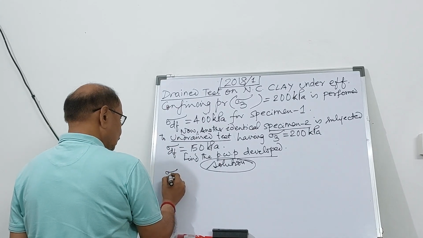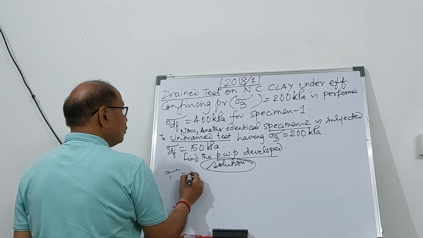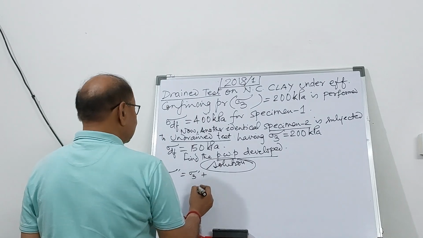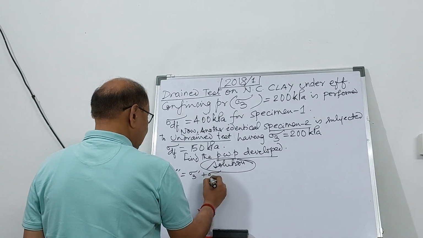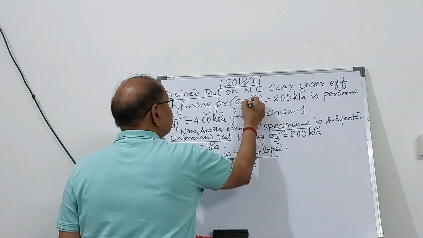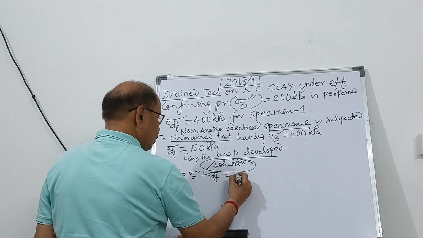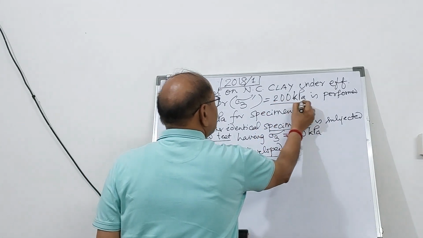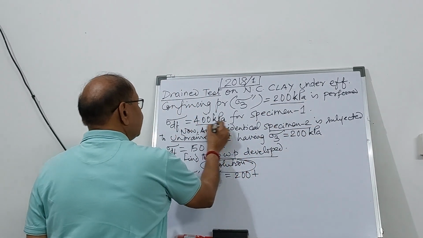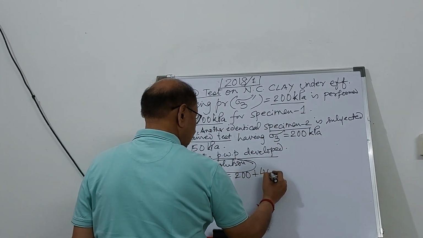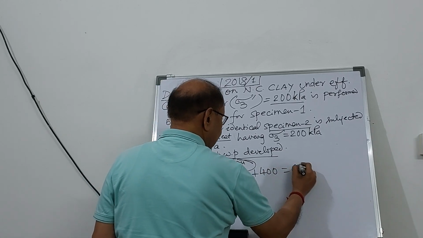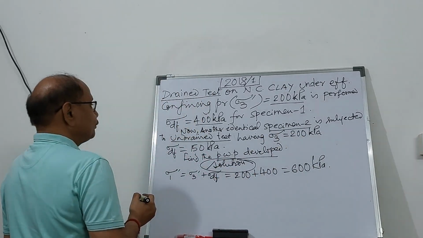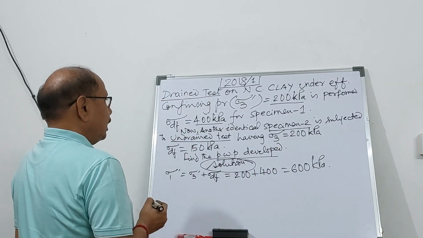So sigma 1 prime equal to sigma 3 prime plus sigma df. So this is going to be 200 plus 400, that is 600 kilopascal. Right?